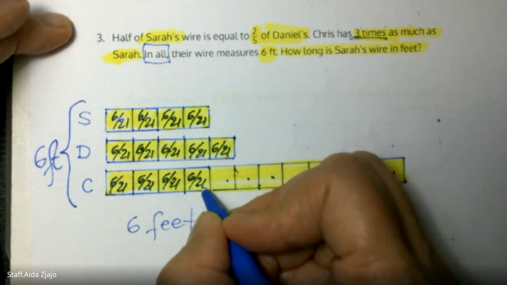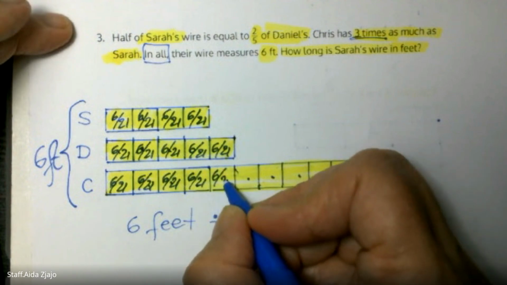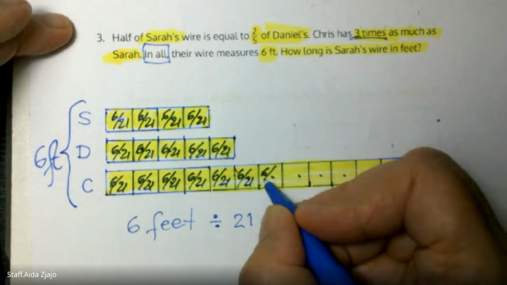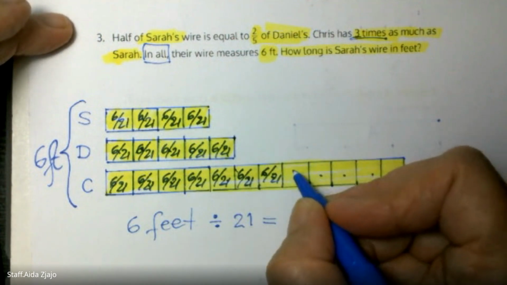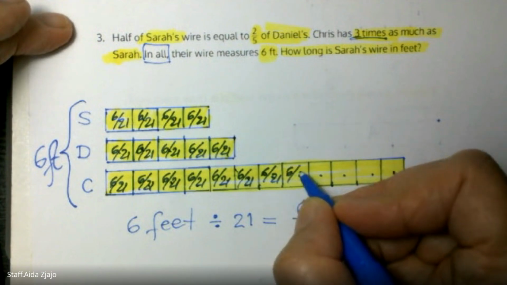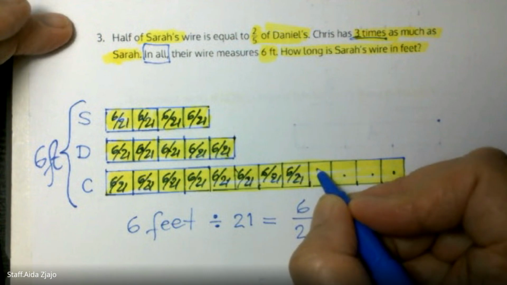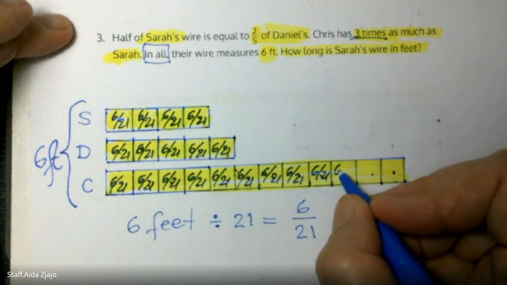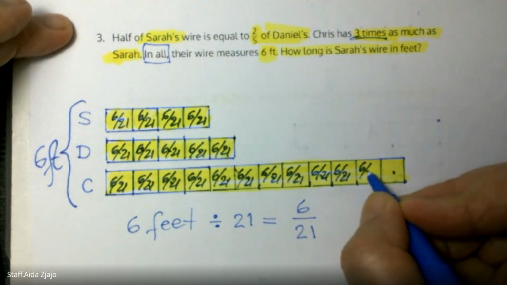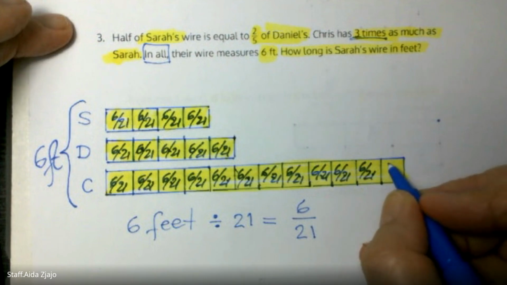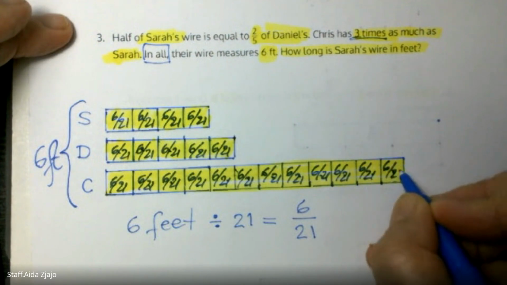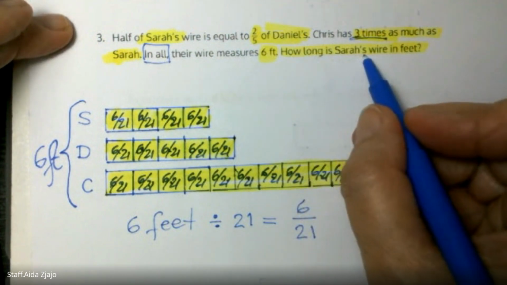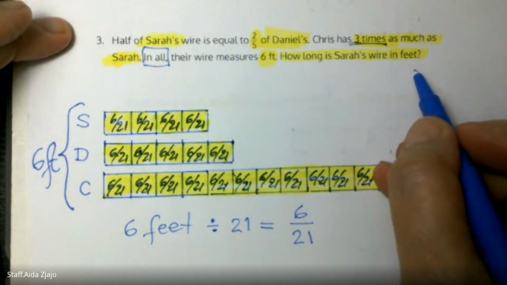This is important because now when we add pieces of 6 21sts, we can find how much is really Sarah, how much is Daniel, or how much is really Chris. The question is how long is Sarah's wire in feet?